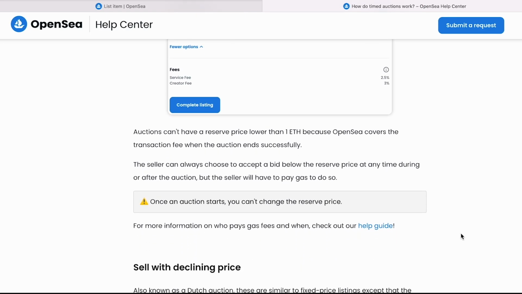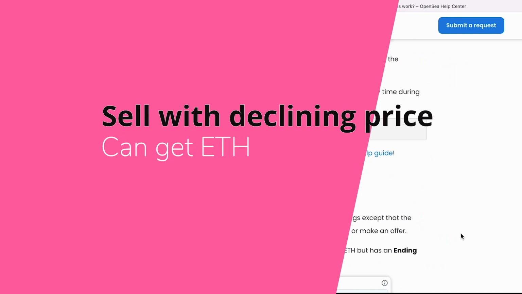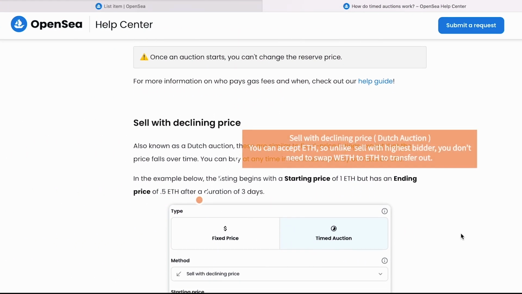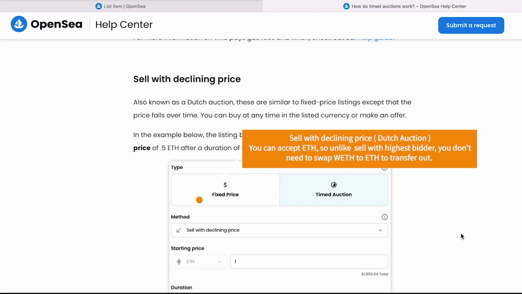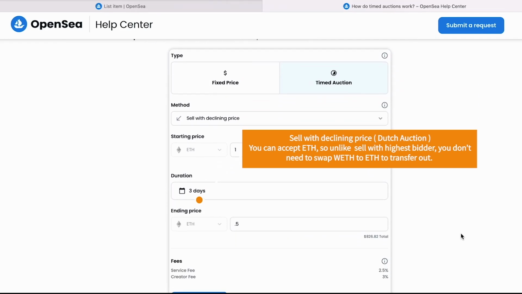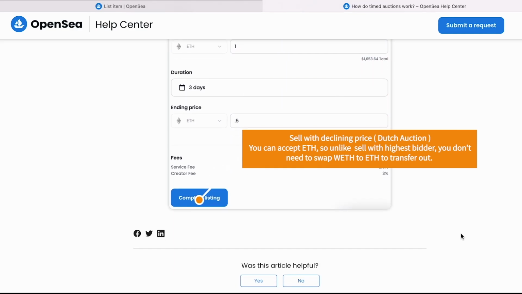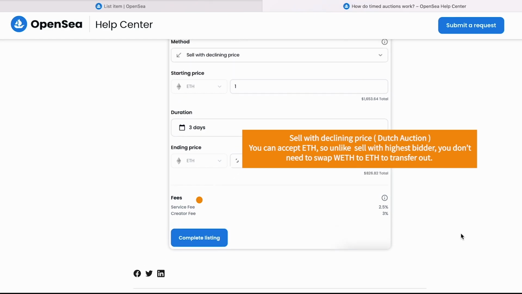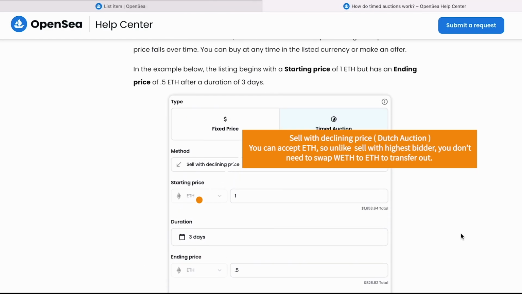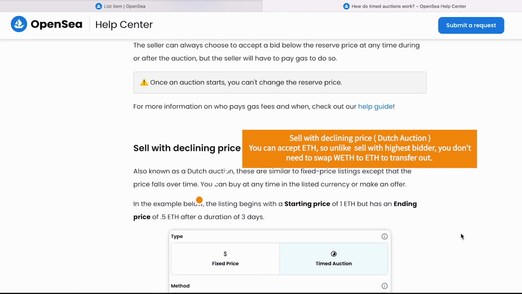By default, if you choose the Dutch auction, sell with a declining price, you can accept Ethereum. However, some people may have other choices, or they want to reserve NFTs at a 1 ETH price, which means only collectors who have at least 1 Ethereum in their wallet can reserve this option.